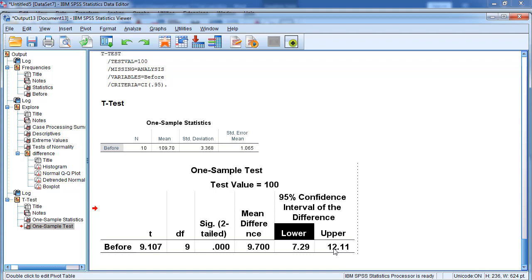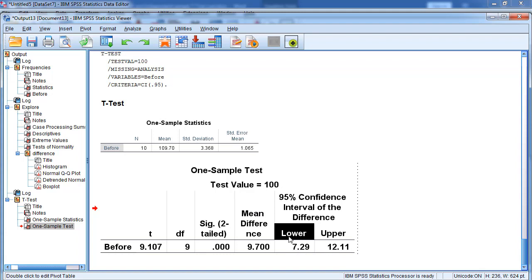The confidence interval tells us that we are 95% certain that if additional samples were collected from the population, the difference between the sample mean and the population mean would be something between 7.29 and 12.11.